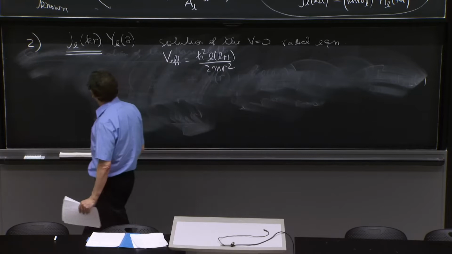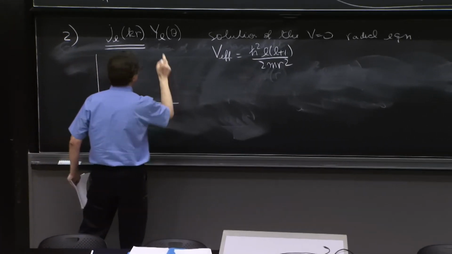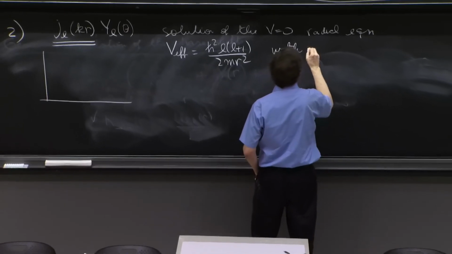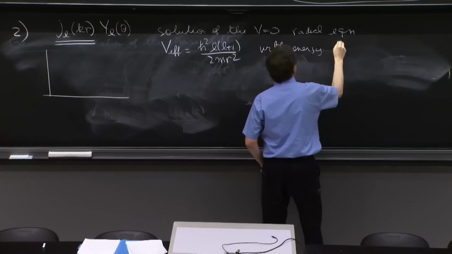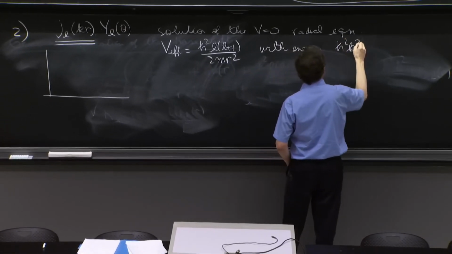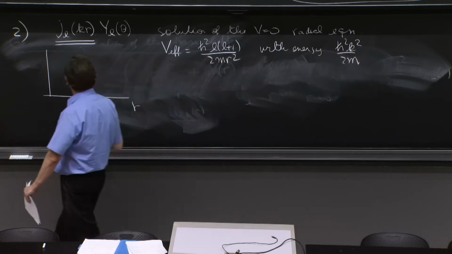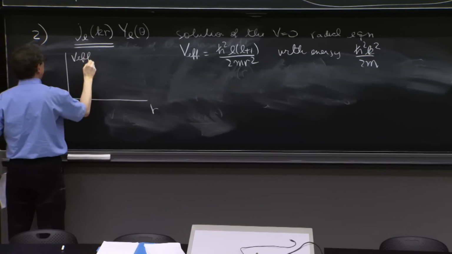That's the effective potential. And it's a solution with energy h-bar squared k squared over 2m.